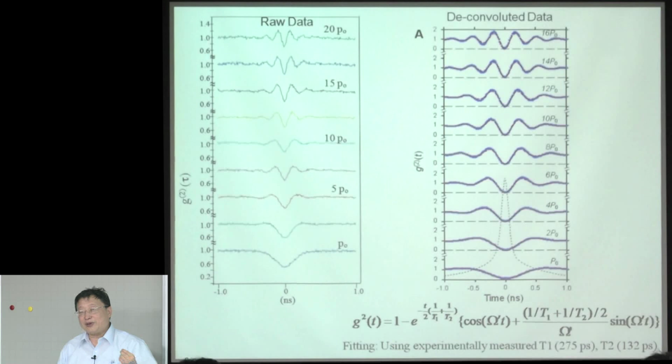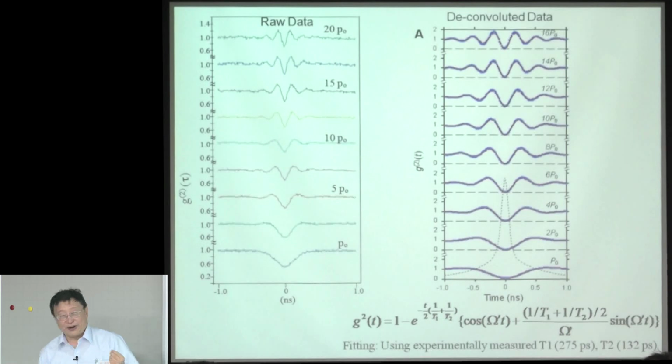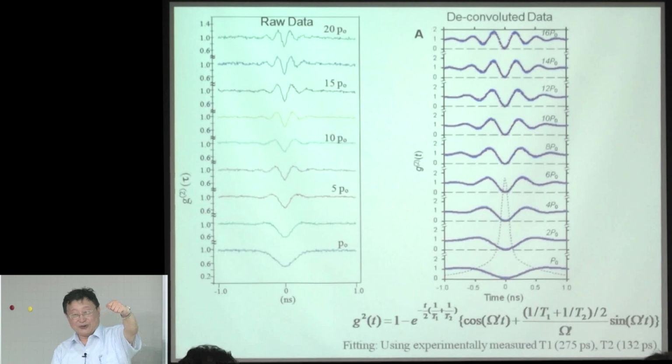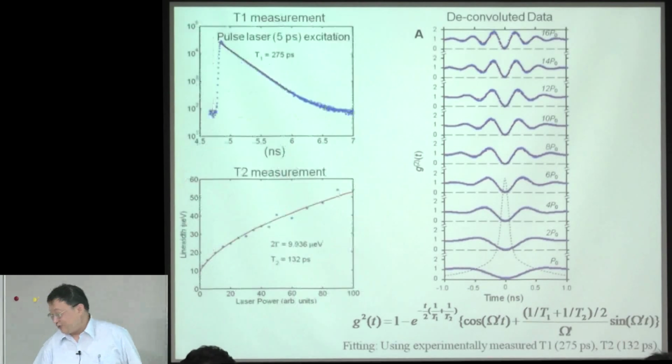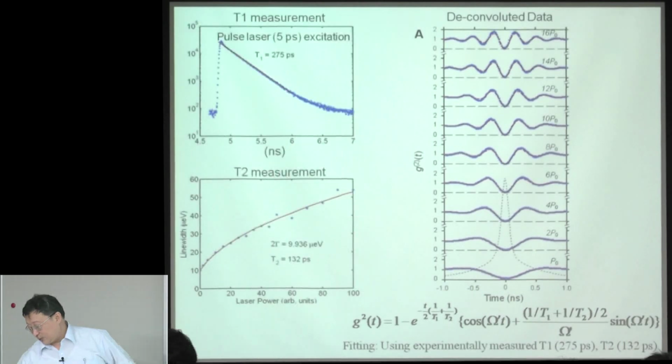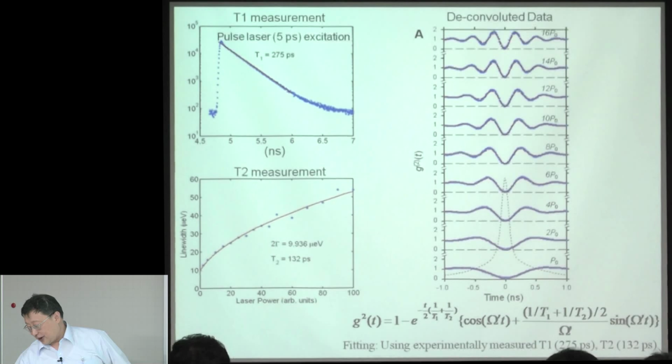Most of them fit maybe 70%, 80% well. Every time you present, you give people this data and say, yeah, this is the kind of data we get, but everybody knows you present your best data. We are no exception, we present our best data here, and you see it fits extremely well, with these experimentally determined T1 and T2 times.